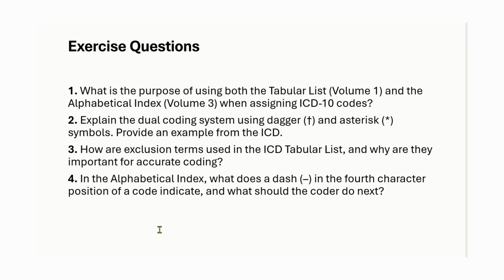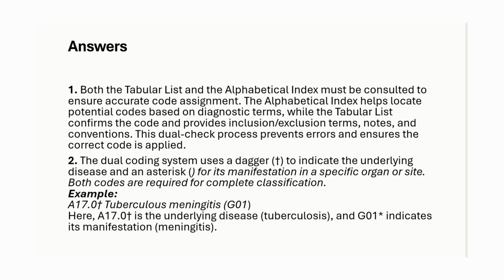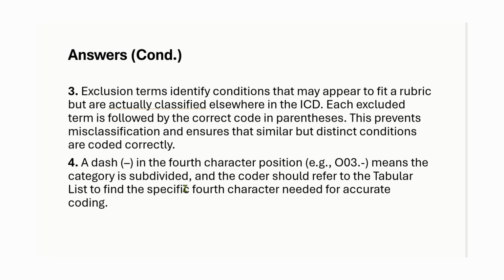And then, what does the dash mean in the fourth character position? What does it indicate? And below I've given answers to the questions, and we can continue discussing these. Thank you very much for paying attention. You are welcome to ask any questions, and I turn over to the chairman for further steps.